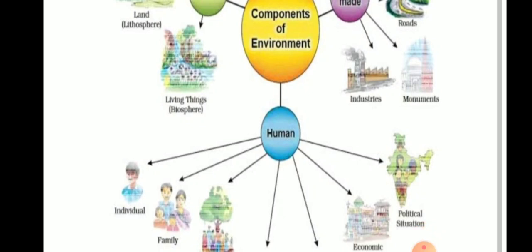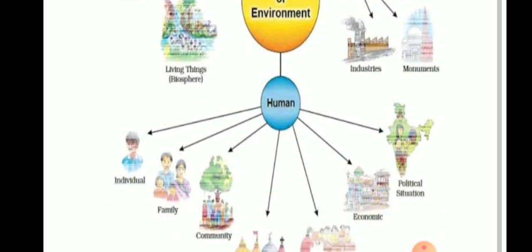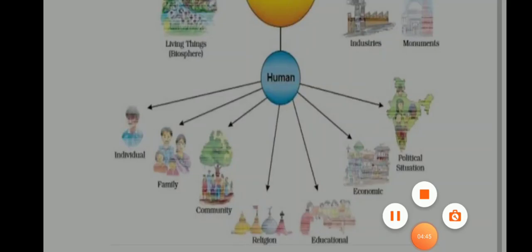As humans led a settled life, the wheel was invented, surplus food was produced, the barter system emerged, trade started, and commerce developed. So in this picture you can see various examples of human environment, like individual, family, community, religion, educational, economic, and political situation.